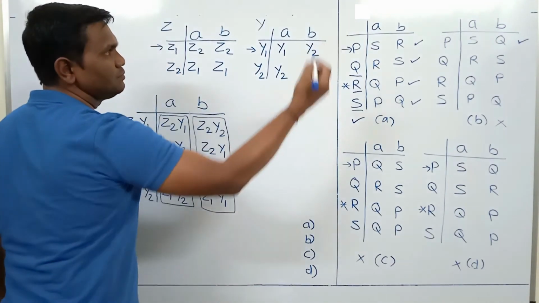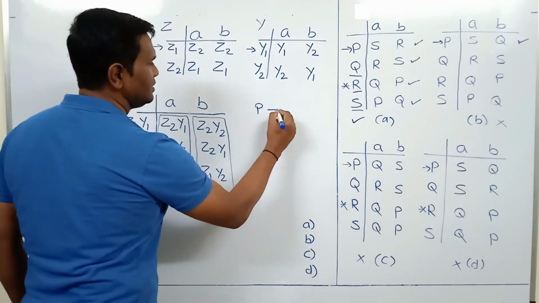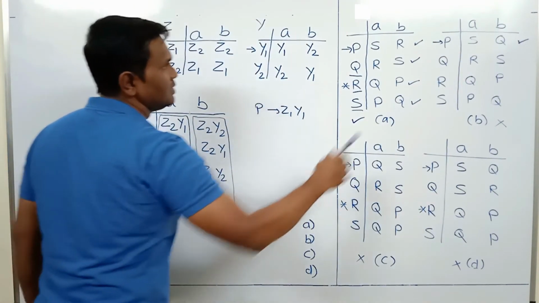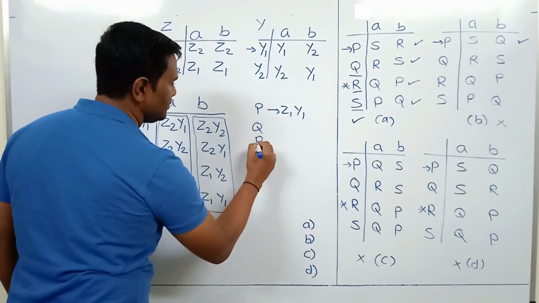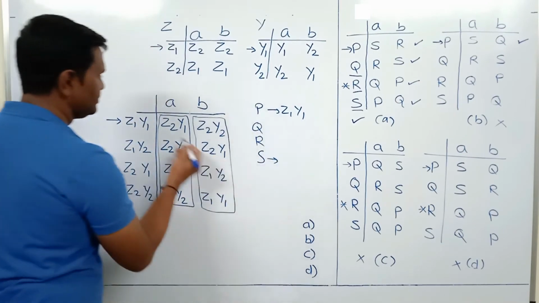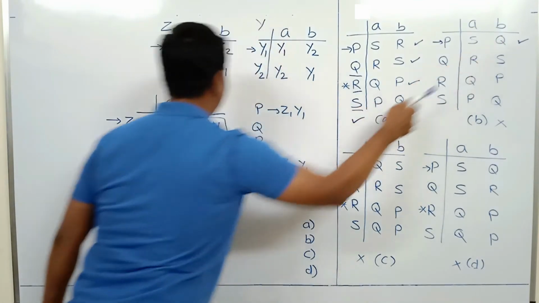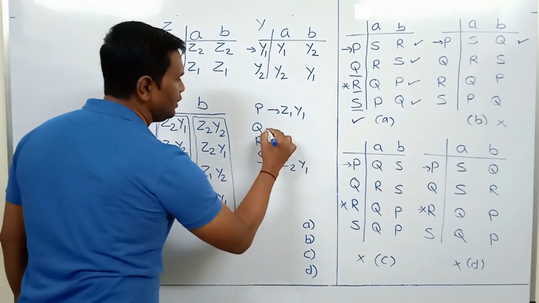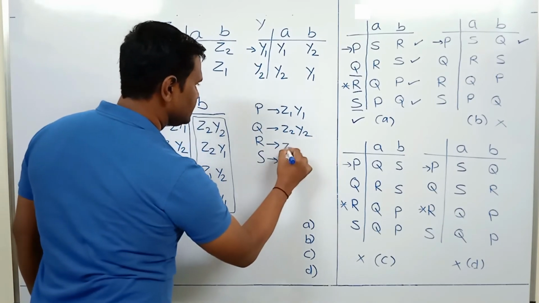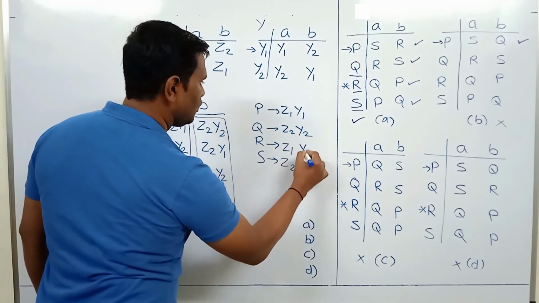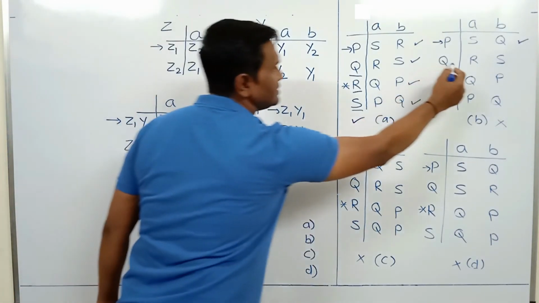Now if we assume this is initial state, so P is Z1 Y1, so S will be Z2 Y1, and then Q will be Z2 Y2, so R will be Z1 Y2. Now let's check whether these transitions are correct.